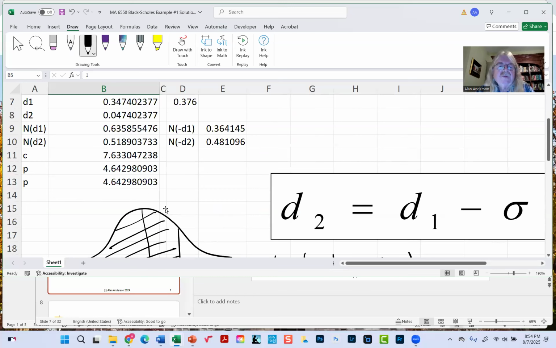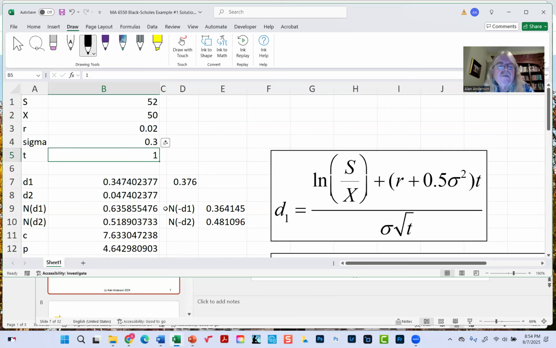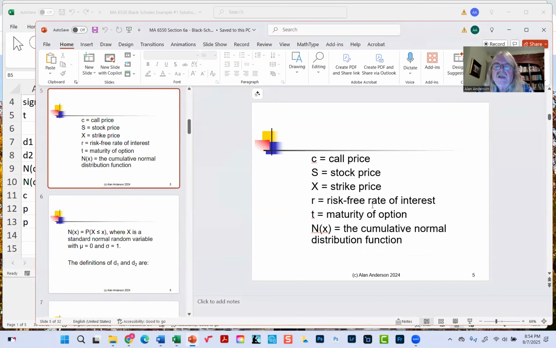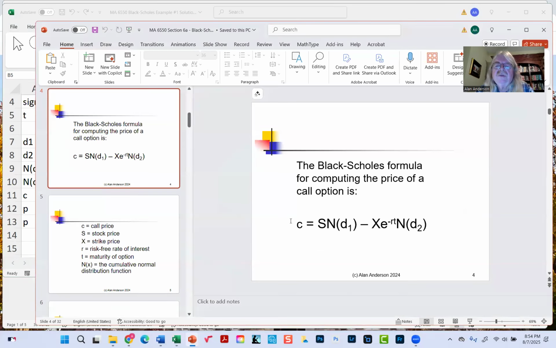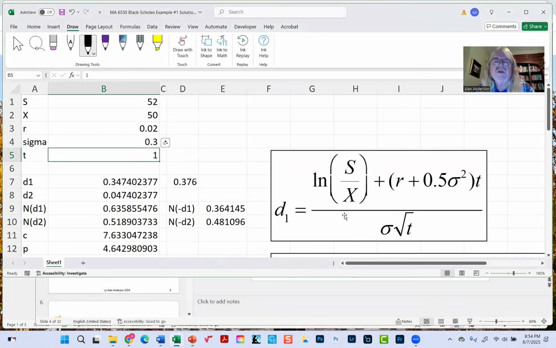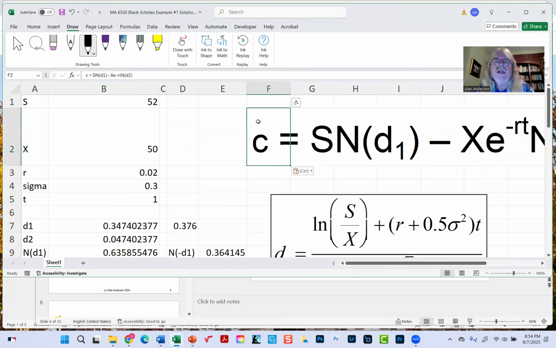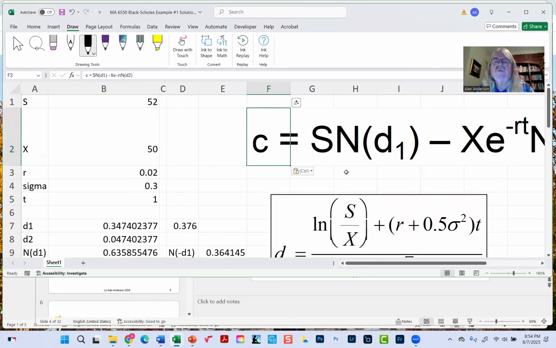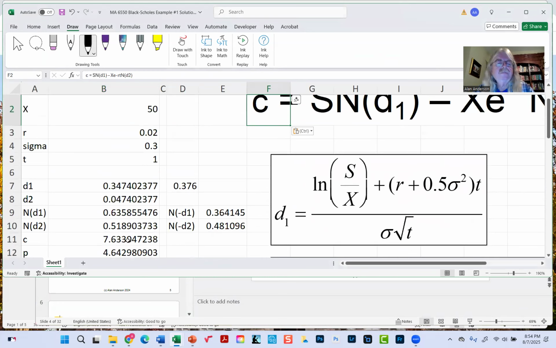Okay, so now with all that being said, what we have to do is apply the Black-Scholes formula. Now, let's go grab that one. And here it is. This is actually the simplest part. Once these intermediate parts are done, the call price is actually straightforward, because you have S times N(d1).